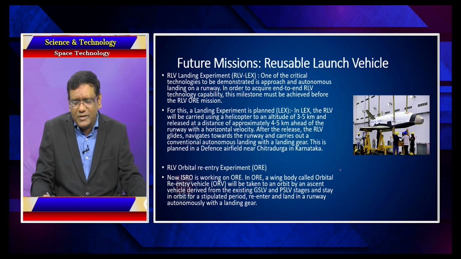This will be used, it will take the satellites and the humans and then it will bring them back, and this entire cycle would be completed with this technology. This is the RLV orbital re-entry experiment. These are the experiments that we are going to do.